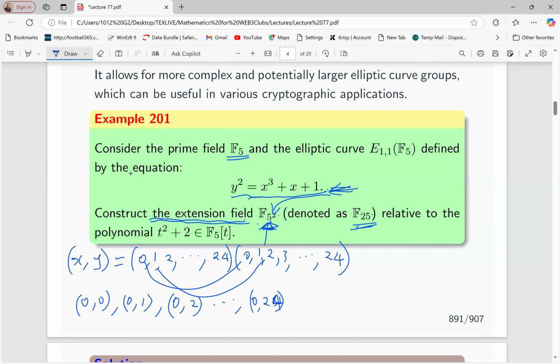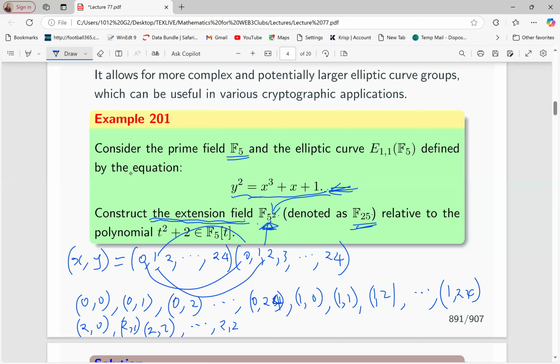This will be 25 points to try. And then you have 1, 0, 1, 1, 1, 2, all the way up to 1, 24. Then after that, you have 2, 0, 2, 1, 2, 2, all the way up to 2, 24. So in total, you'll have 25 times 25, which is 625 points to try.